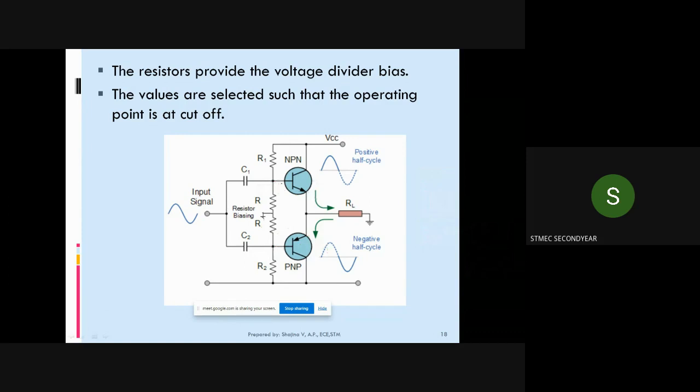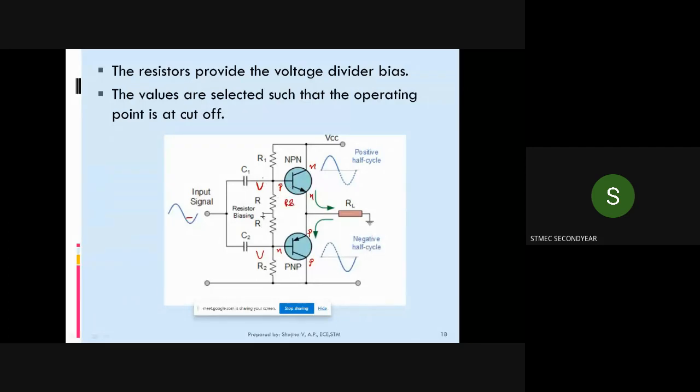So now consider the negative half cycle of input signal. Both the transistors are available with this negative half cycle, or we can say this negative voltage. This is our NPN transistor and this is PNP transistor. We are available with the negative voltage at the base terminal. For this NPN transistor, the base emitter junction will be reverse biased.